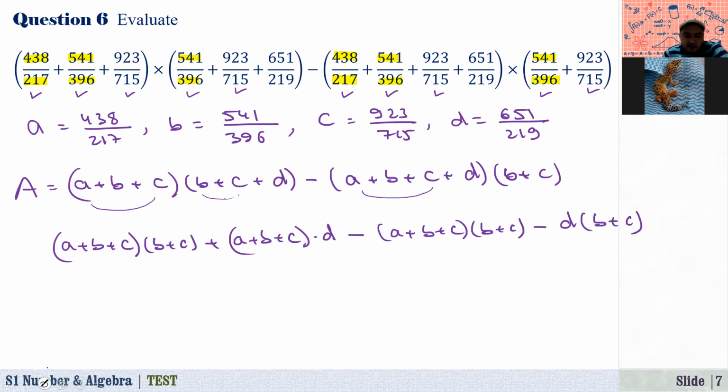Now as you see here, these two parts are the same: A plus B plus C times B plus C. They are gone.